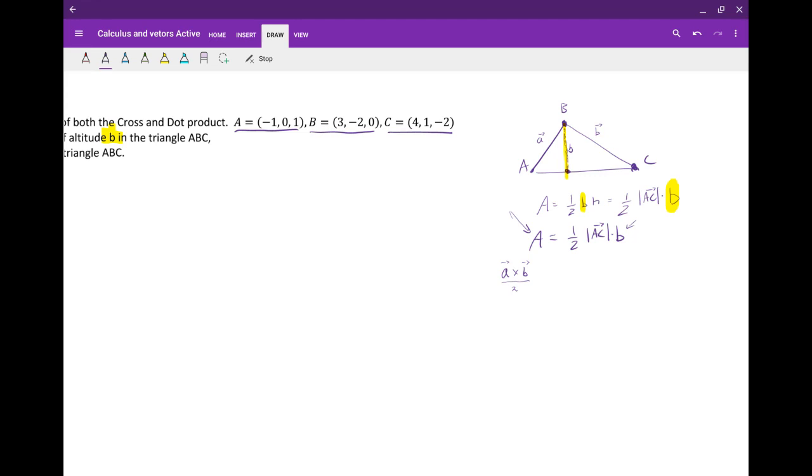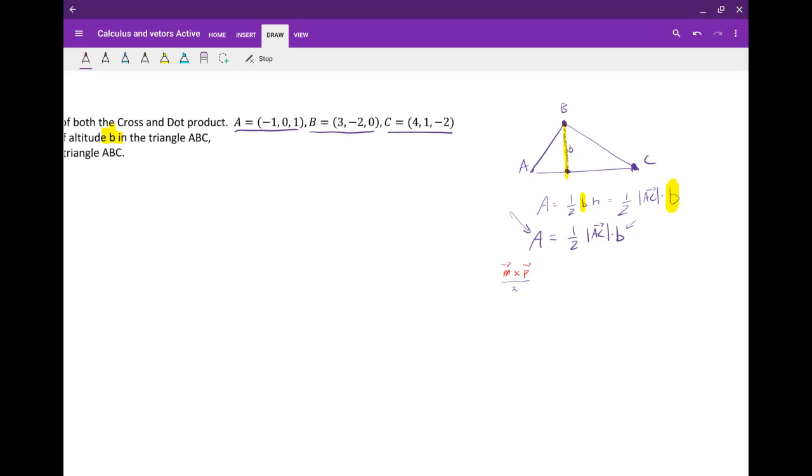Just to have a few less A's and B's, I'm going to call this M cross P. I don't want to use N because that connotes normal.